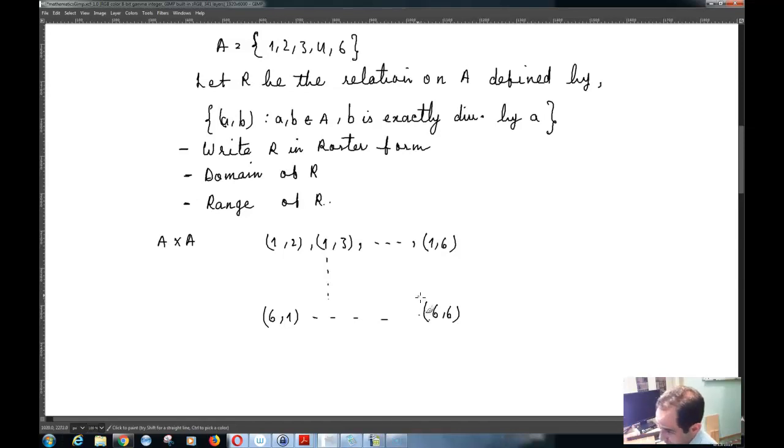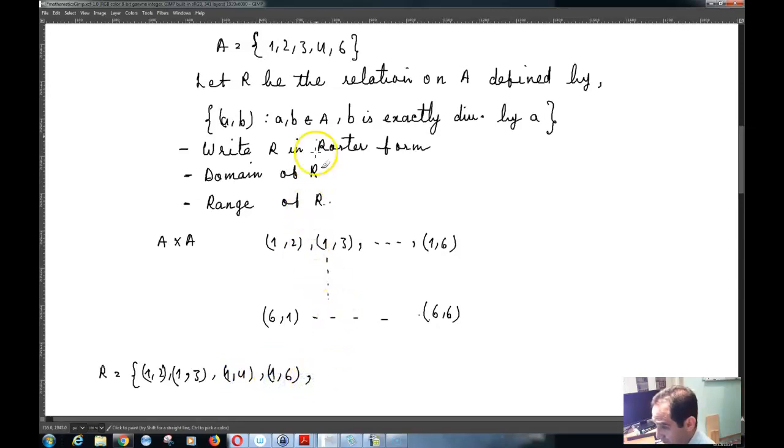Now, the condition over here is that B has to be divisible by A, meaning that, for example, in all of these cases, all of these B's are divisible by A, because A is 1, so any number is divisible by 1. So then you can say that your R is going to be equal to all of these: (1, 2), (1, 3), (1, 4), and (1, 6).